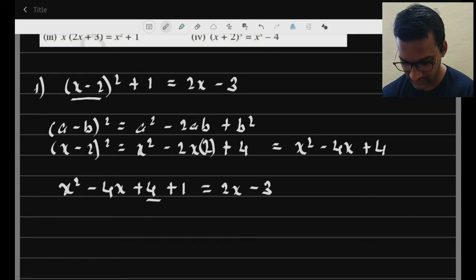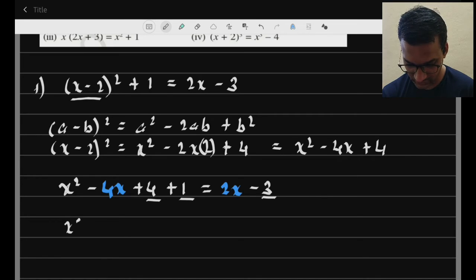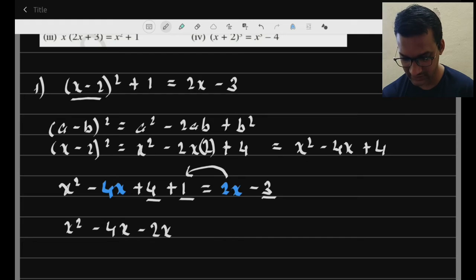Now we can add and subtract these numbers, and we can add this 4x and 2x, but first we'll have to take them on the same side. So let us bring them on the same side. x square minus 4x, this 2x comes on this side, will become minus 2x, and first we will add this 4 plus 1, we will get 5.